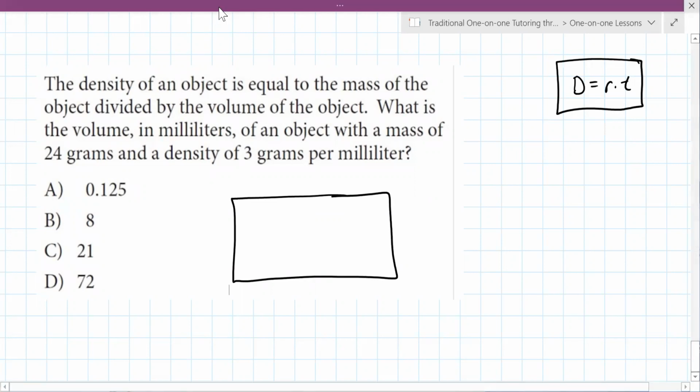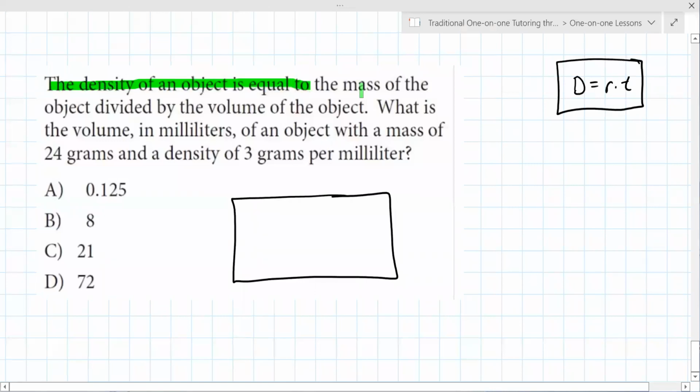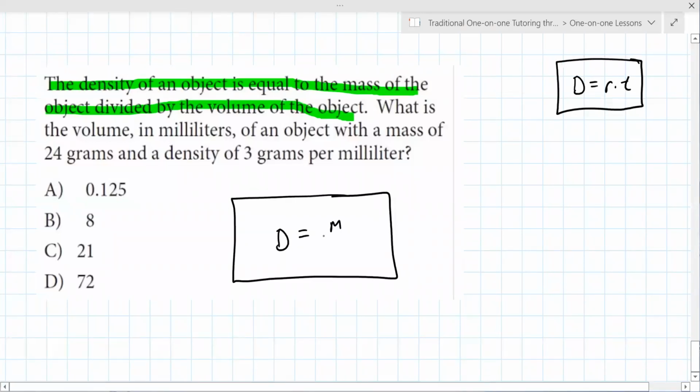Can you tell me the formula? T equals M over V. Yes. And that's something you learned in chemistry, but this isn't a chemistry test. They're giving you the formula, and you don't even need to write this. You have to know the relationship between them though.